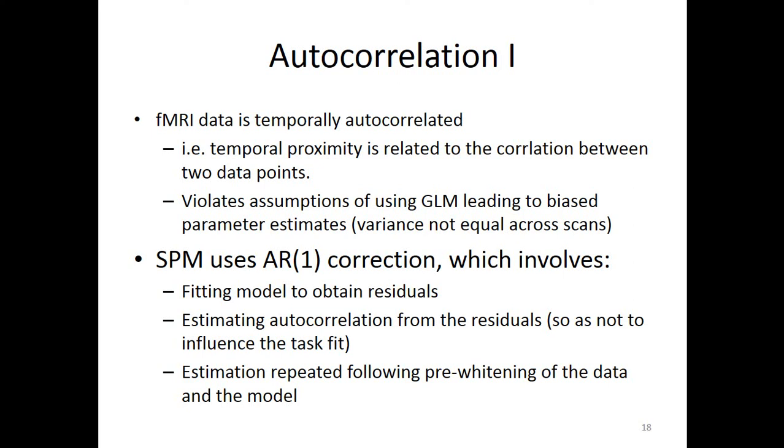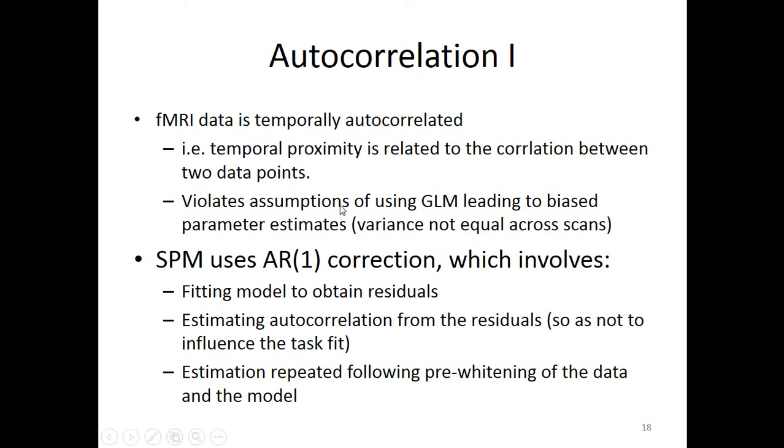But if it basically is a very poor fit on one volume, it's likely to be a poor fit on the rest of the volumes too, because basically it means the response there isn't characteristic of the predictor. So the problem is we get this kind of correlation within the data, and we need to correct that because the correlated error gives us a boosted statistical significance. Okay, so basically it's a violation of what's called the IID assumptions.